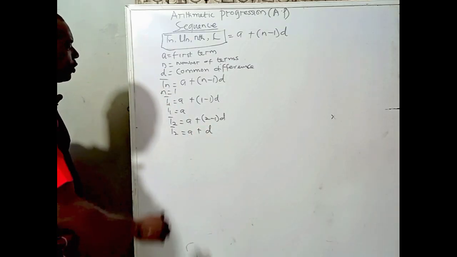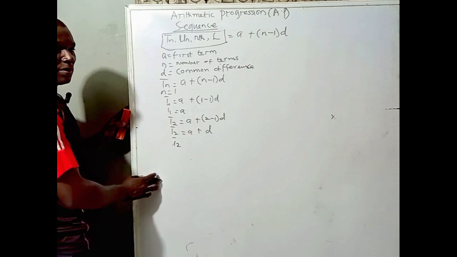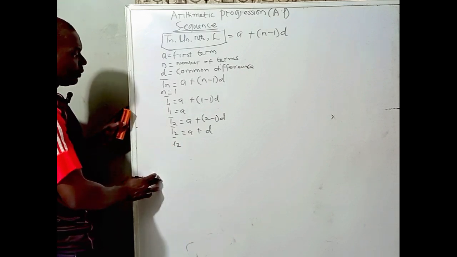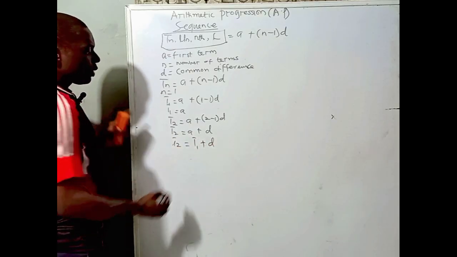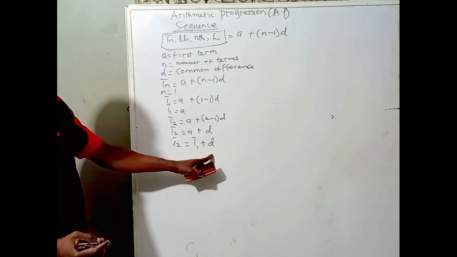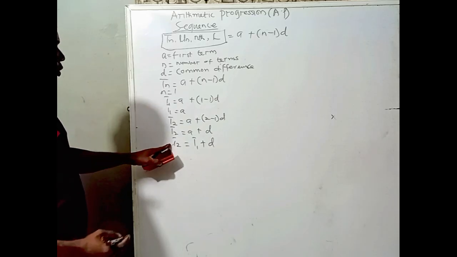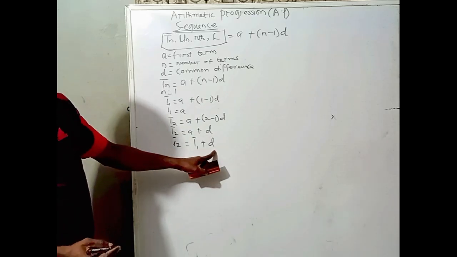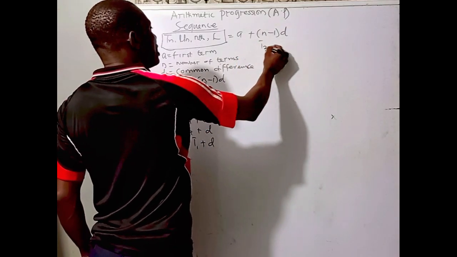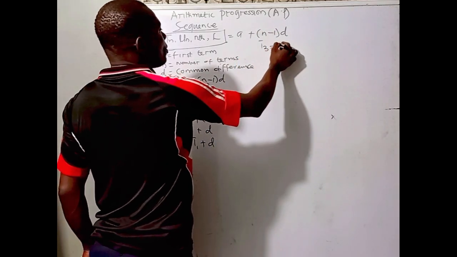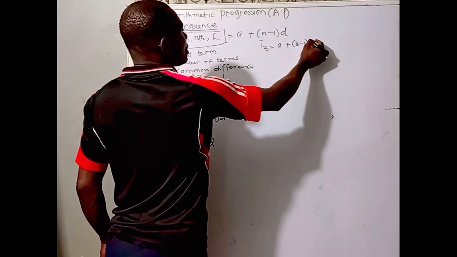Okay. So what do you notice here? That the second term T2 is T1 plus the common difference. Now assuming we want to do T3, that means n is 3 at that time. This becomes a plus 3 minus 1 times d.